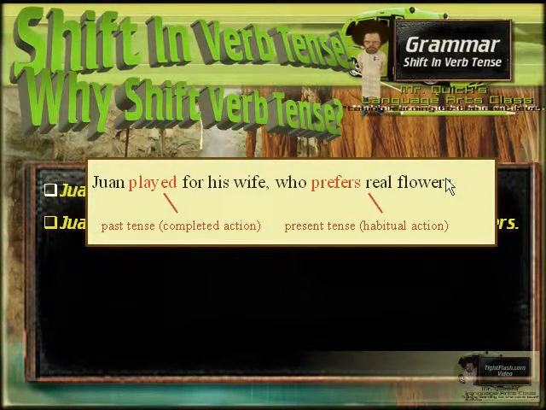These two clauses complement each other by helping the reader understand why it was necessary to shift the tense here. Of course, we can say Juan played for his wife, who preferred real flowers, but having the past tense there doesn't make a whole lot of sense. So we needed to shift the tense to enhance the meaning and make it make more sense.